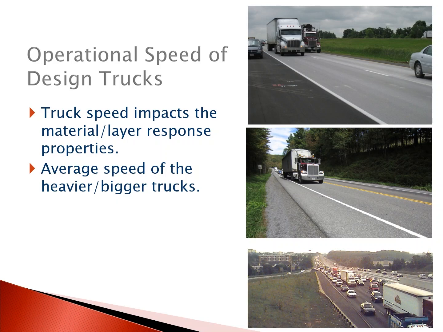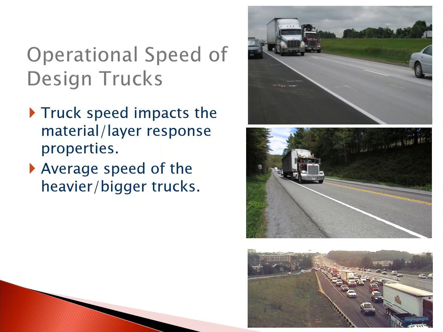Pavement ME applies the operational speed of the truck to all different truck classes, going from a class 4 to a class 13. The truck speed, however, does impact the material layer response properties. So the average speed of the heavier or larger trucks is recommended for use in the Pavement ME Design software.